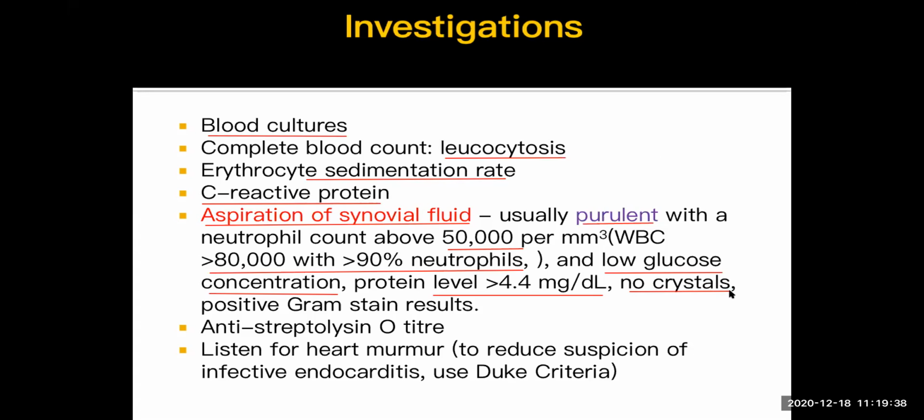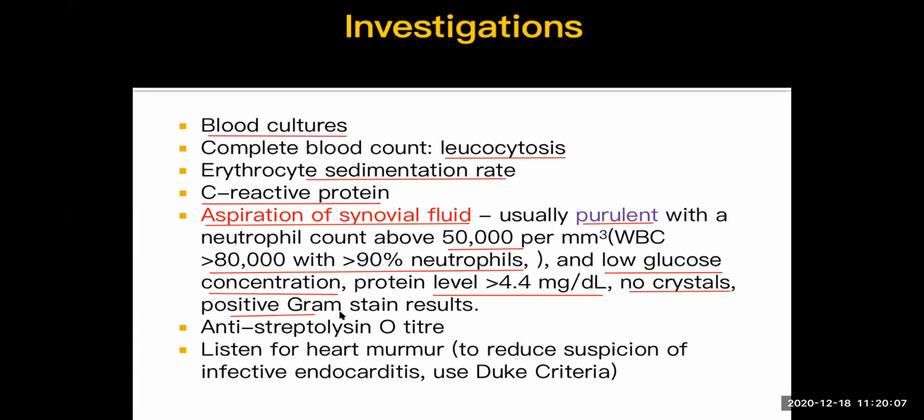So in gout, with deposition of uric acid crystals inside the joint, the signs and symptoms are almost like septic arthritis, though there is no fever. The local examination of the joint is very painful, or tender. It looks quite red. There is increased temperature, and all those things are matching. So we need to rule that out. No crystal should be seen.